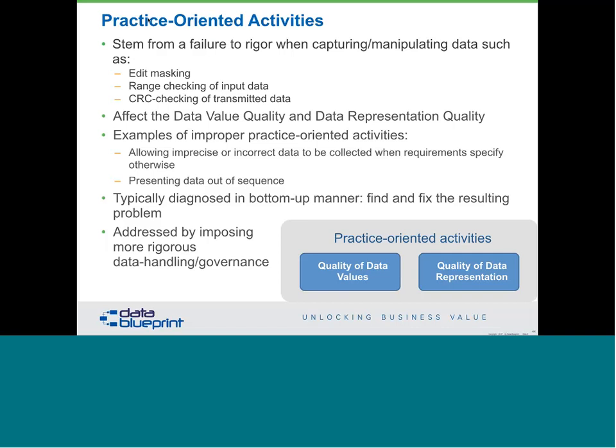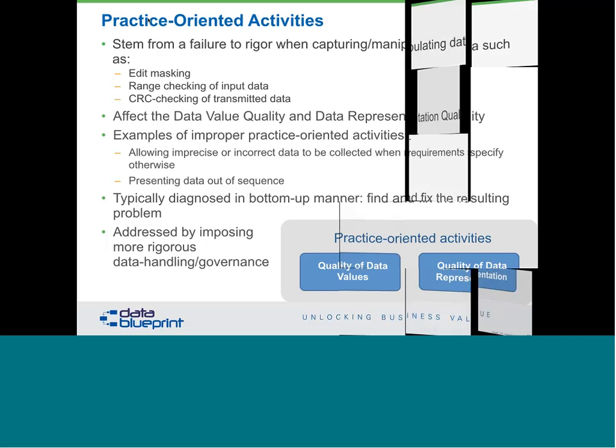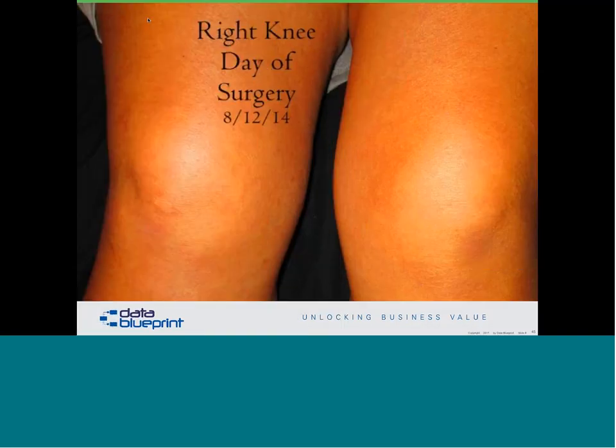A specific example of practice-oriented activities causing a data quality problem is a favorite story that I like to tell, where I was at a hospital organization, a healthcare organization, and the director of the hospital made an announcement that they had done so much good knee surgery here that the hospital was going to be diving into knee surgery in a big way and become a knee surgery capital center of expertise.